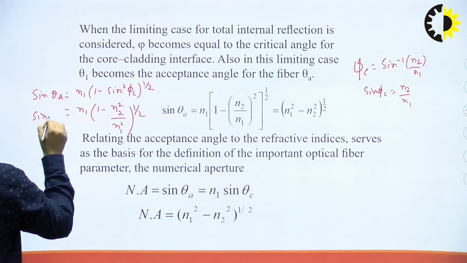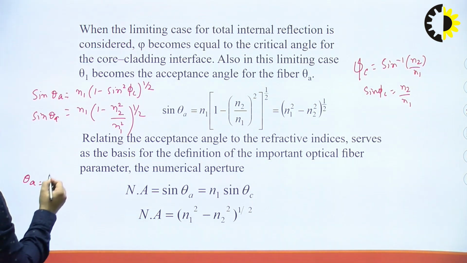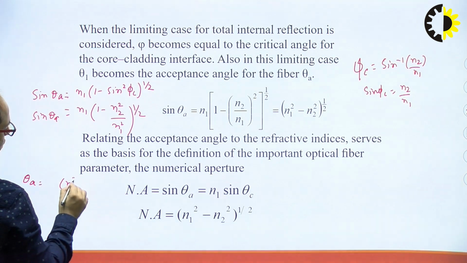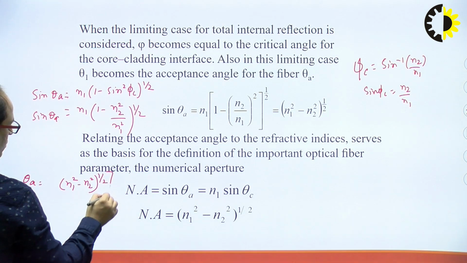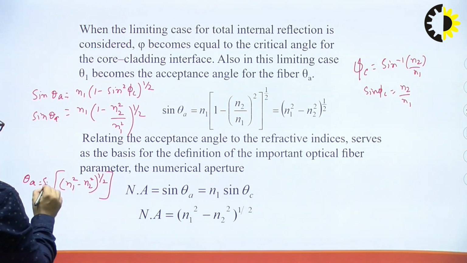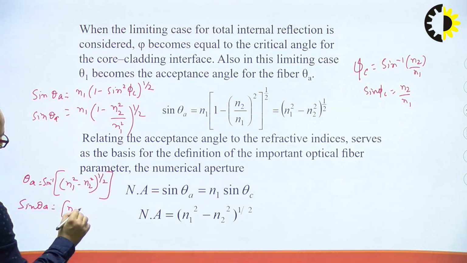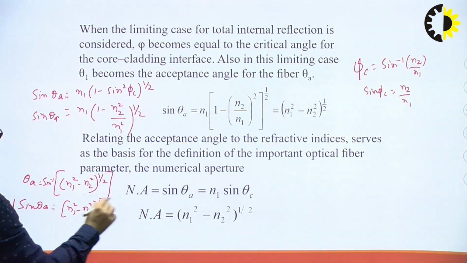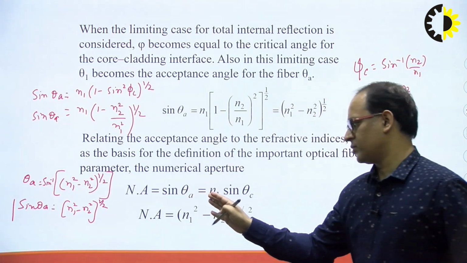On solving this, you will get the acceptance angle theta A equal to the inverse of (n1 square minus n2 square) whole power 1/2. That is, sin theta A will become equal to (n1 square minus n2 square) whole power 1/2.